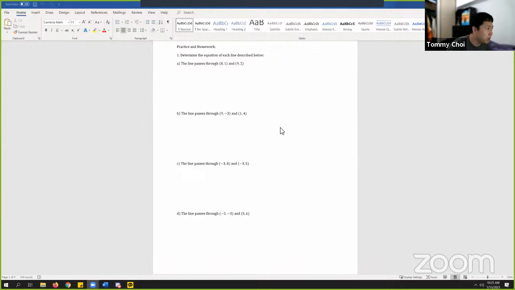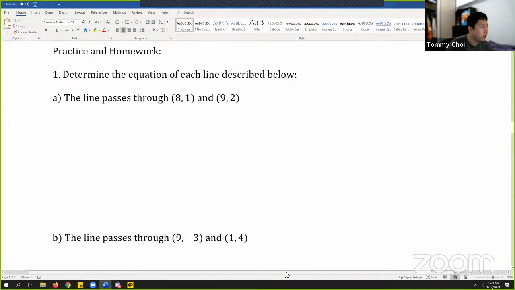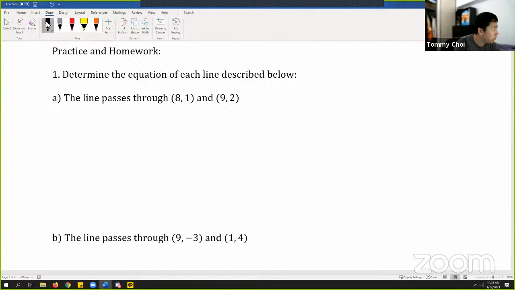The first one here, let's zoom in. So this one here, you're given 2 points and you're asked to solve for the equation of the line, which means you need to use the slope formula. The slope formula is as follows: y2 minus y1 over x2 minus x1.